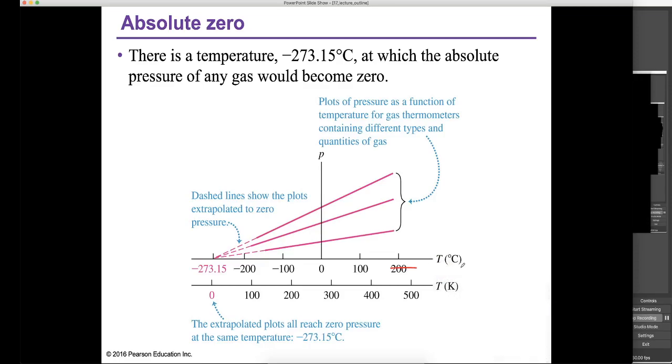Okay, so 0 degrees in the Celsius scale doesn't mean it's absolute zero. Because if we do an experiment, we will understand that 0 degrees Celsius is not a real absolute zero.